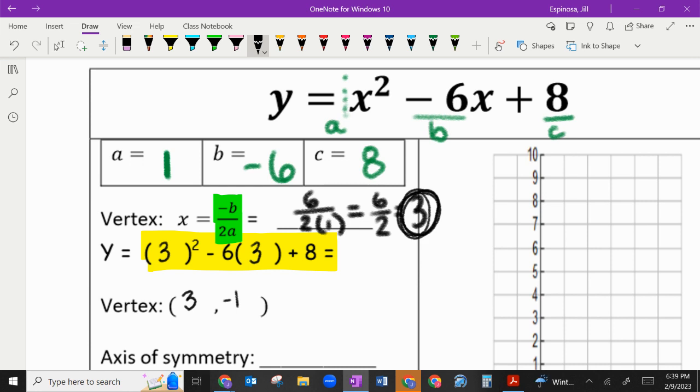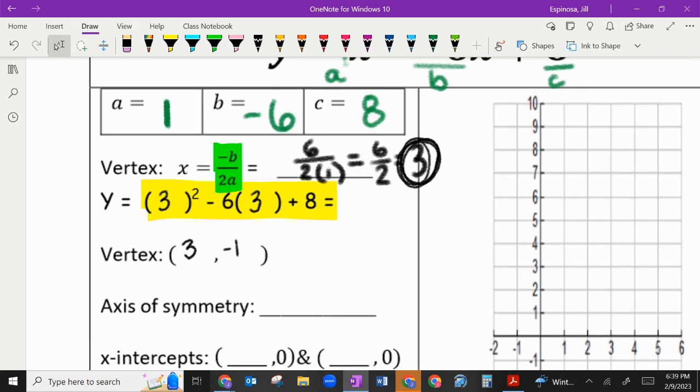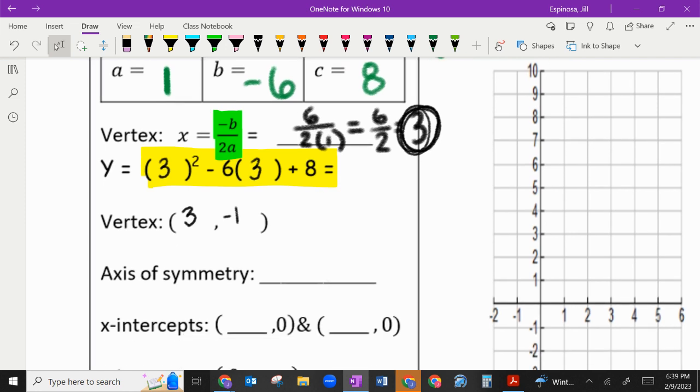So I now have my vertex. And there are pros and cons of having the vertex form, which we did all last week, and the standard form. So now my axis of symmetry is still x equals 3. You can remember whatever we have there is what we have here.